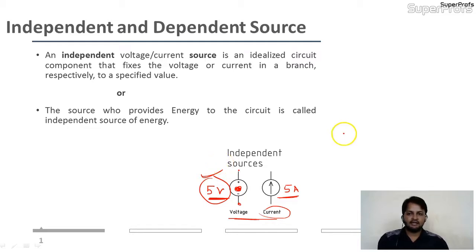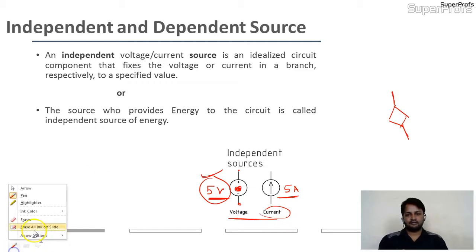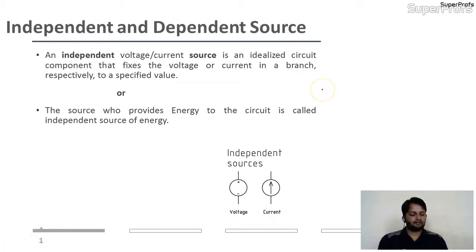Is it clear? It's very simple, independent. But come to the dependent source. What is the dependent source? I think in the last slide we have seen the dependent source represented by this diamond type of structure.